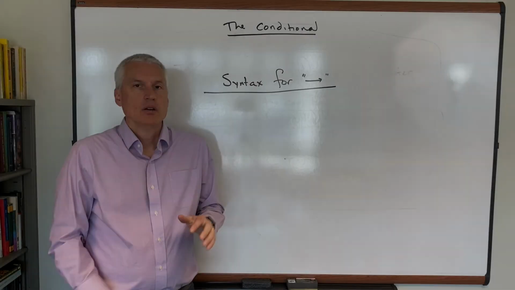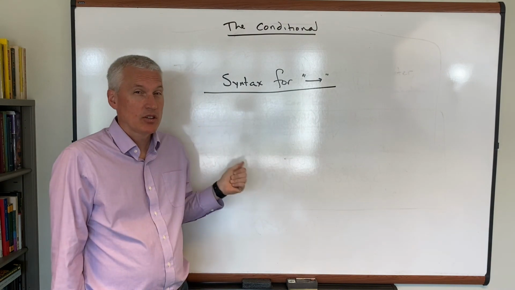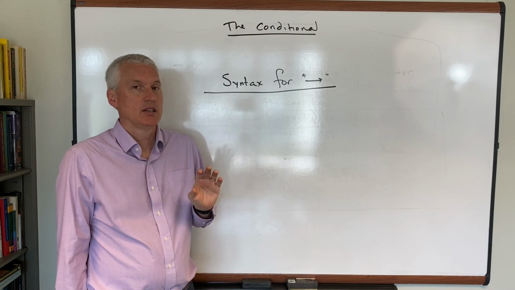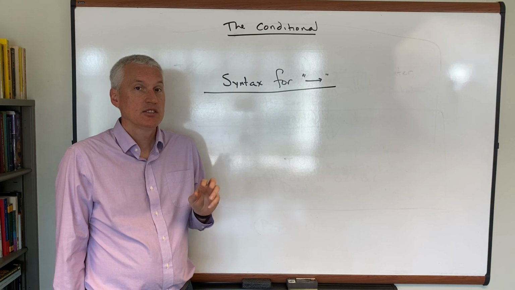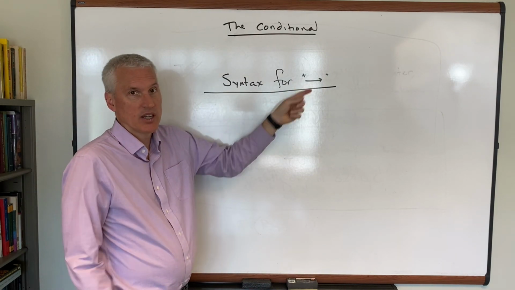Okay? As I promised, now that we have this idea of the meta language, we can also more precisely define the syntax for the conditional, or for, if you prefer, the arrow, right?